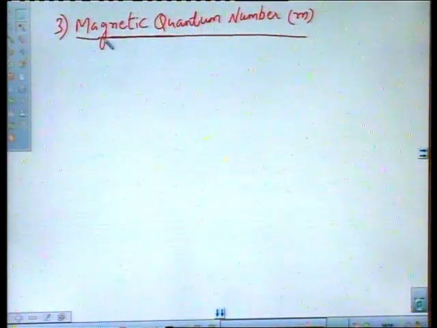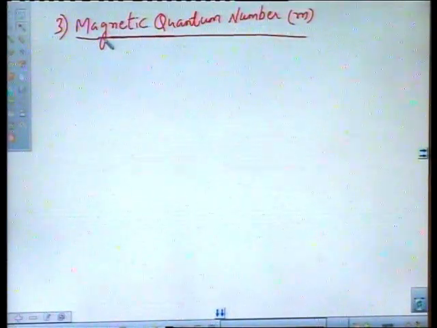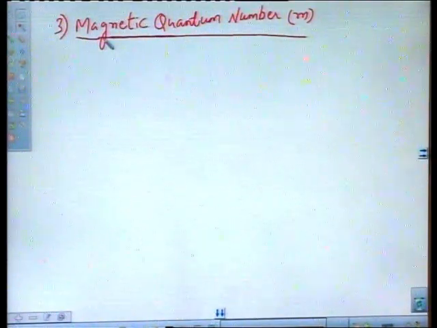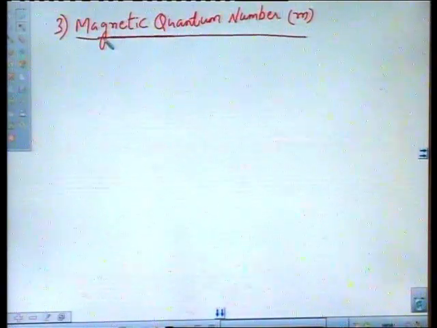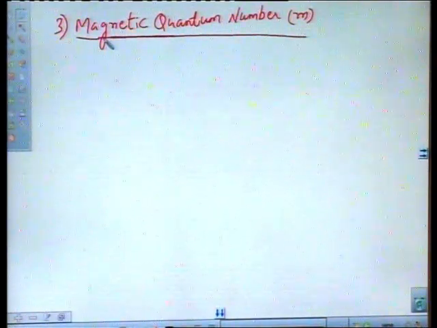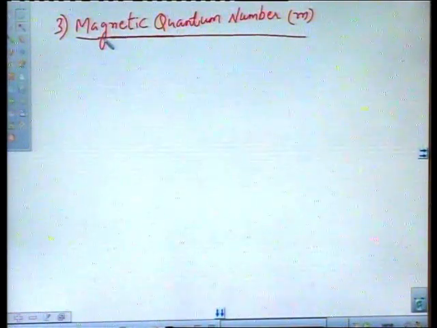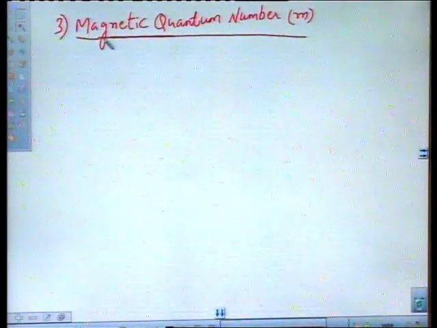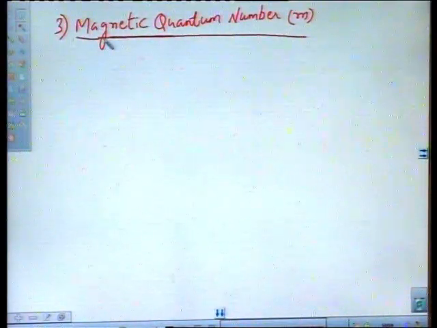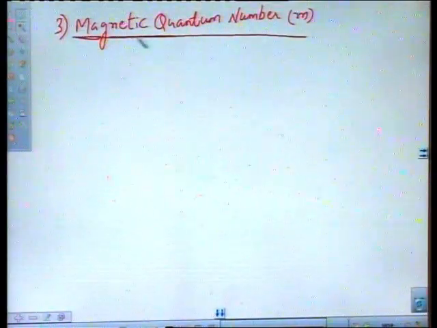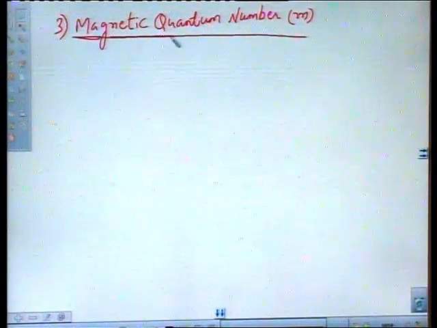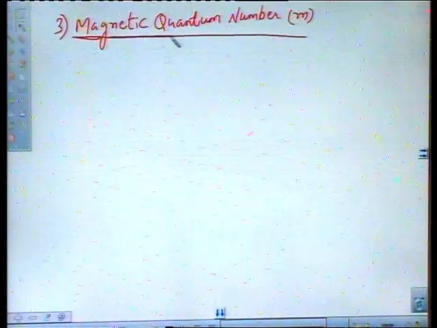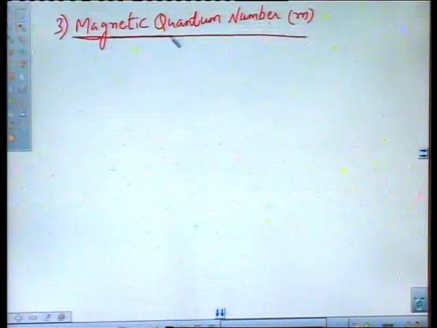The magnetic field of the electron interacts with the magnetic field of the whole atom, that is created by other electrons and protons. So, the magnetic field of the electron is contributed in the magnetic quantum number. The magnetic quantum number is represented by small m.